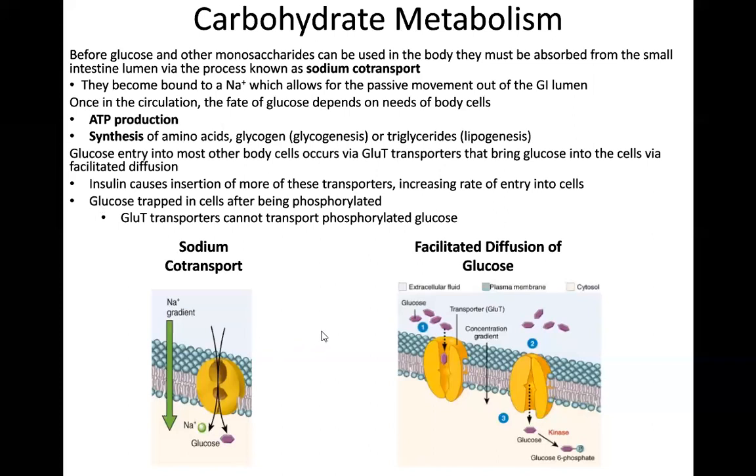Insulin is going to promote the insertion of lots of these into our cell membranes so that we pull a lot of glucose out of the blood. Now, once that glucose enters the cell, it gets phosphorylated. That means it's going to add a phosphate to it, which means it's kind of trapped inside the cell. Then we can do what we need to do with it. We can use it for ATP production, or we can do those different things that I just mentioned. We'll hang on and talk about those other things here in a little bit.